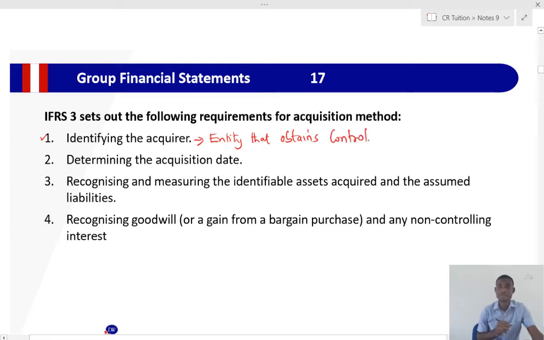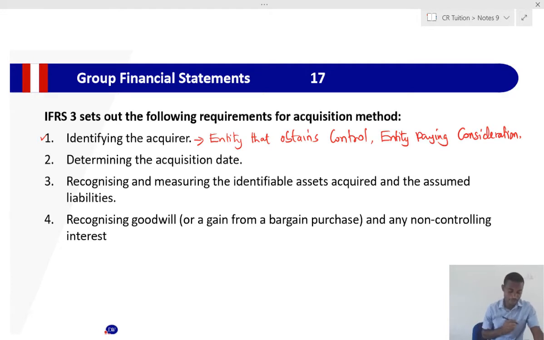So the entity that obtains control is often the acquirer, or the entity paying consideration. So the entity paying consideration would often be the acquirer. So the buyer.